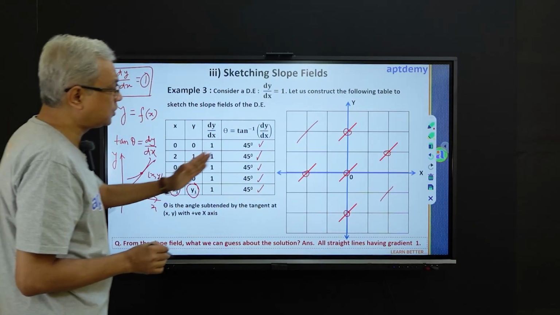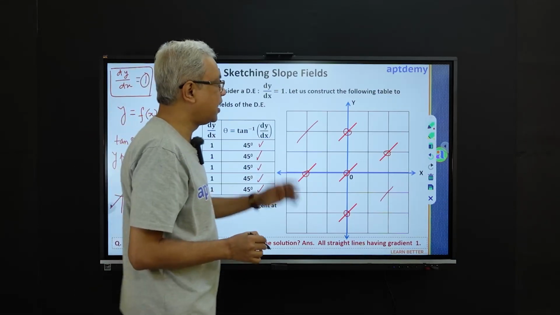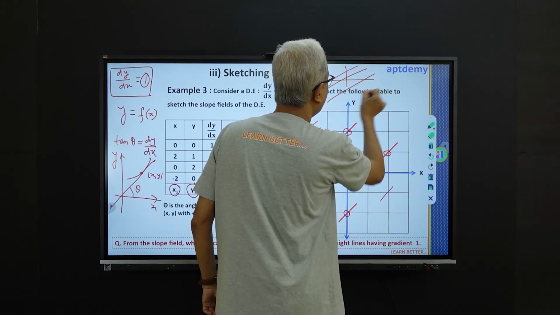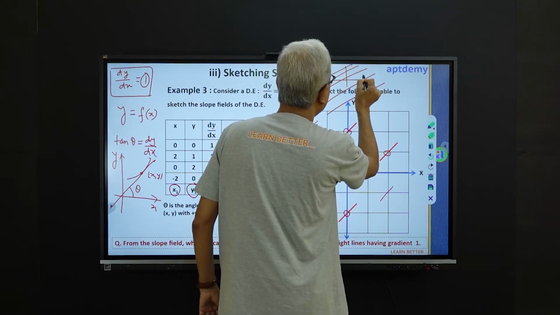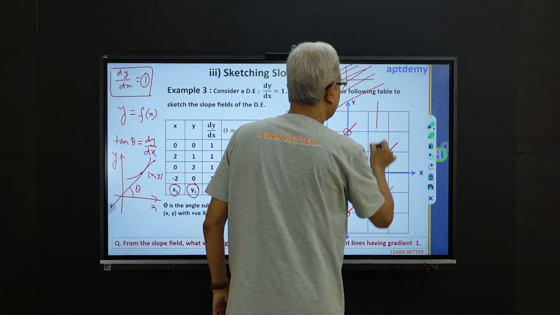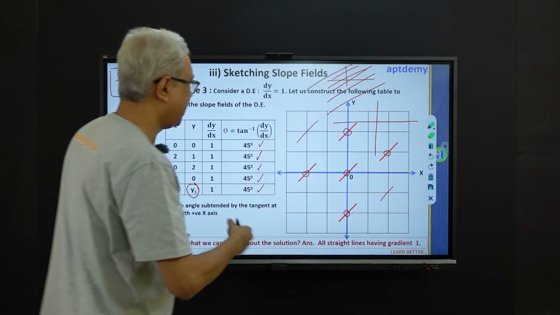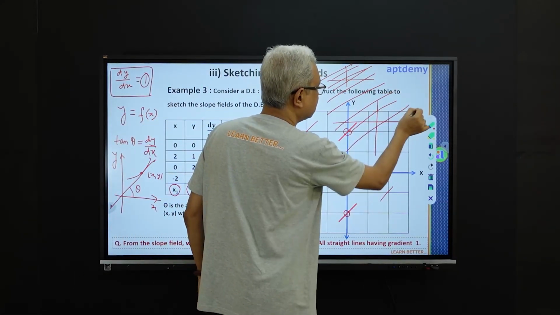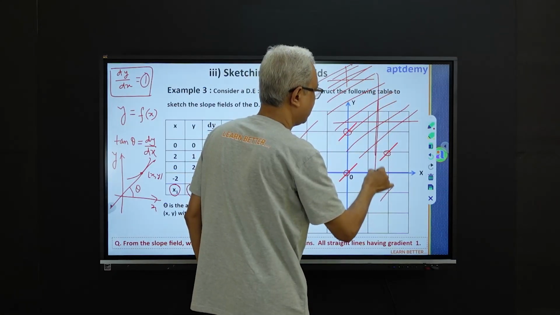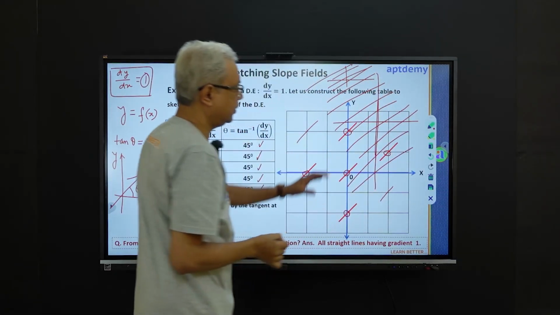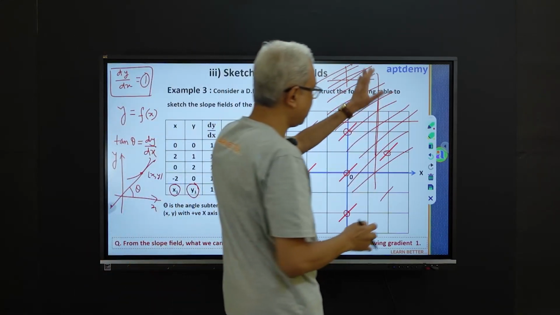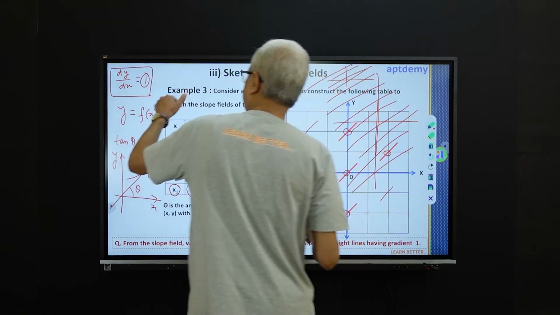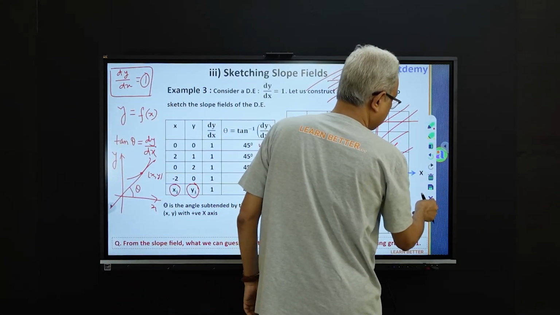So the set of all straight lines having gradient 1, that means all straight lines like this, all straight lines on the xy plane, take any straight line whose gradient is 1 like this, then this entire set of straight lines will be represented by this differential equation.